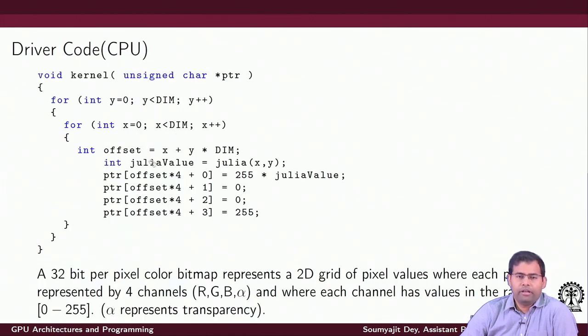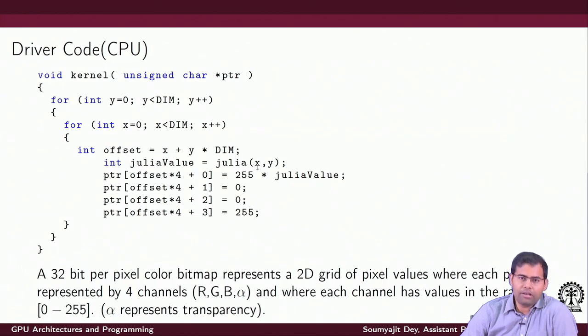Coming back here, I have this cascade of loops from 0 to dimension, and inside it, first I compute the offset, that is, the location I am interested in. Offset is of course x plus y times the dimension. Why that is required, we will come to, but before that we compute the Julia value.